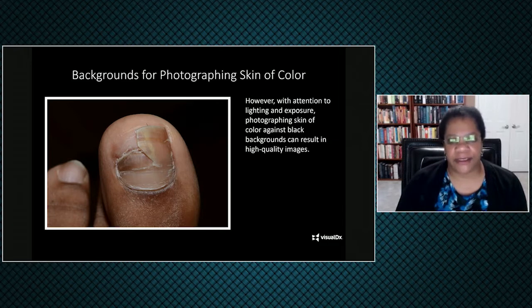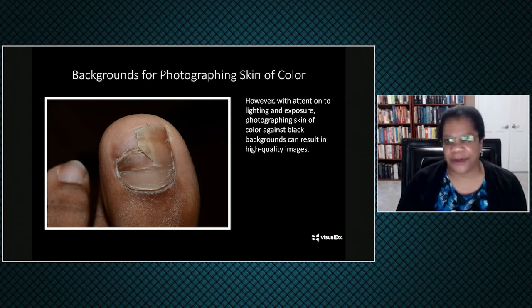if you're giving attention to lighting and exposure, you can photograph skin of color against black backgrounds, and it can result in high quality images. So I have found a way to make it work for me. So it is possible. Maybe it doesn't work as well with smartphones.